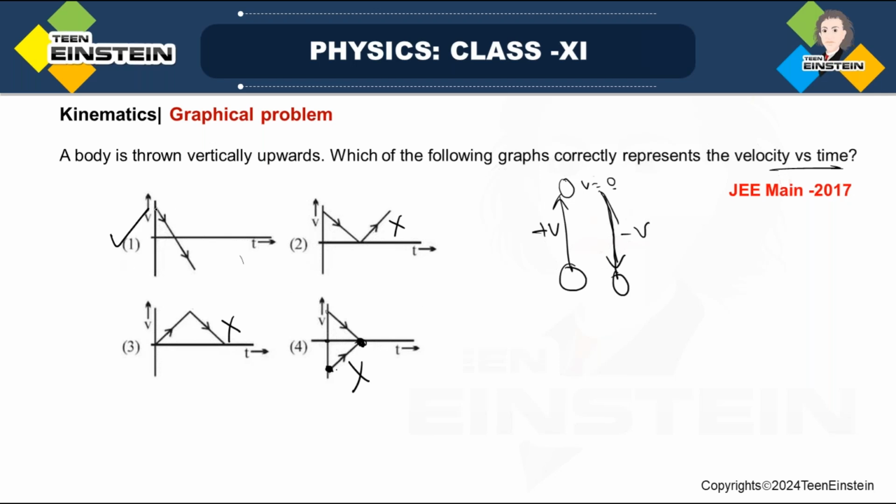See how it is showing. At t equal to 0, when it was thrown, velocity was maximum, and then velocity starts decreasing. At the maximum height, at a certain point of time, velocity will be 0, and then velocity reverses its direction, but the velocity will be increasing linearly with time, as it is under gravity.